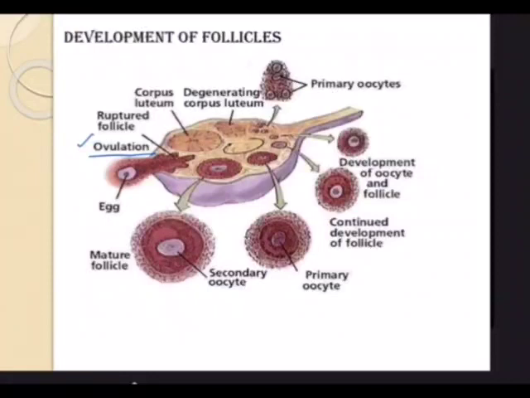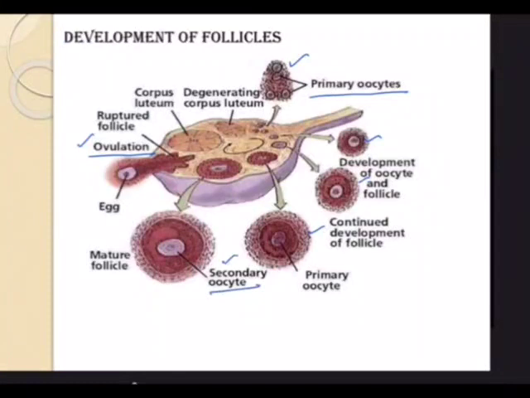We start off with primary oocytes, and these primary oocytes develop a lot of thick follicles. Look at this thickness, the size keeps on increasing, and the primary oocyte inside is becoming a secondary oocyte here, and the secondary oocyte will have a lot of layers around it.